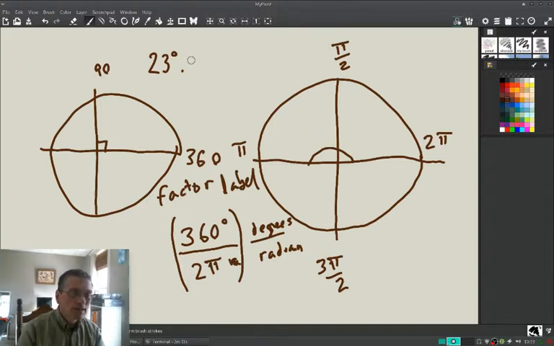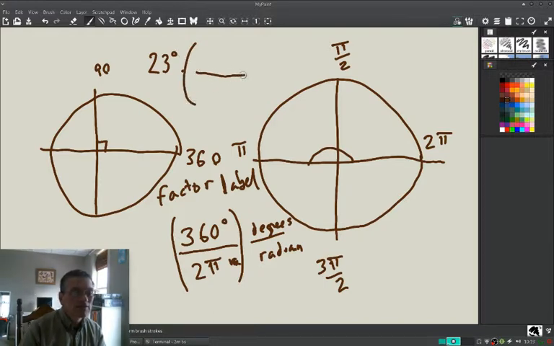If we wanted to get rid of the degrees here and have radians, we would write this factor label and put the degrees on the bottom so they would cancel out. I'm going to write in the word radians, but we often leave it out.